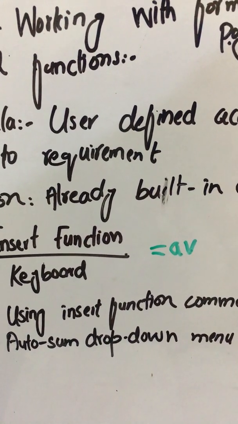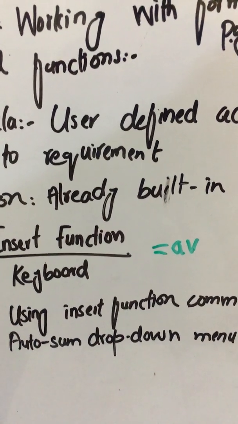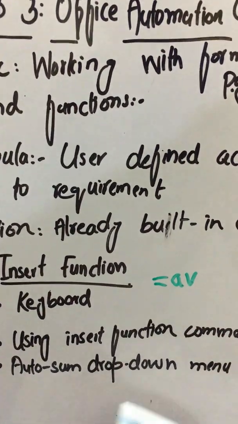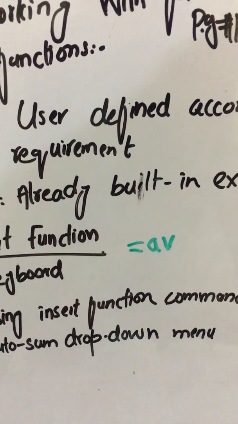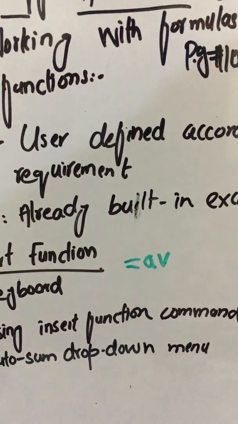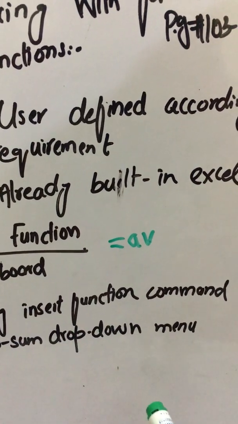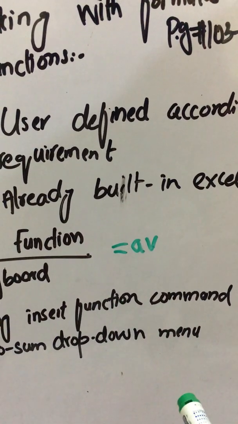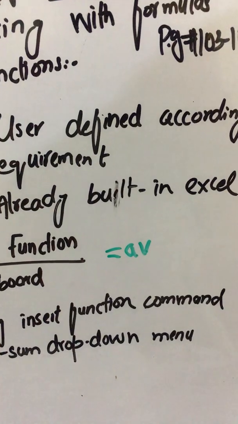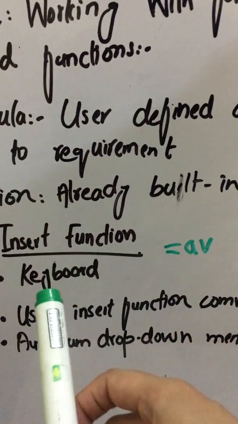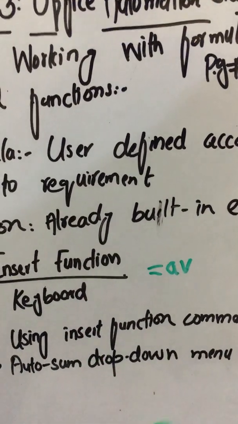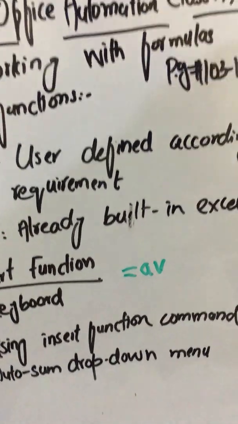Then the third step is to select the function and click OK. Then in the next step, you have to type the range in the number 1 text box of function argument dialog box and then click OK. This is how your function will be inserted by insert function command.